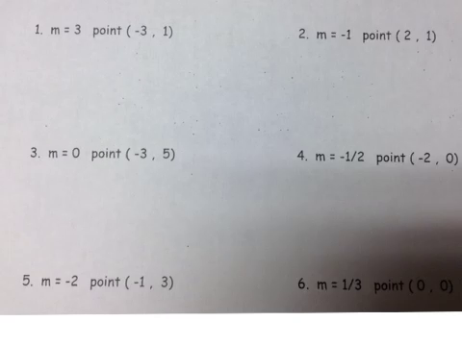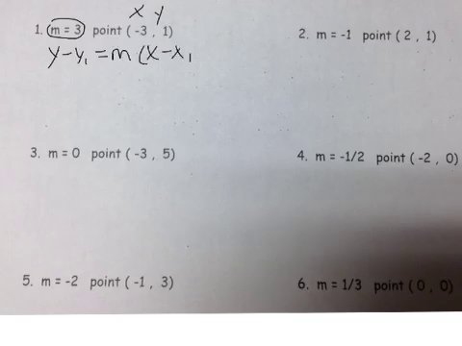When we go to do these problems, we have our m, and we have a point. This point is an x and a y. So we go to set up our point-slope form. It looks like this: y minus y1 equals m times x minus x1, where this is our x1 and this is our y1. It's just the points that we were given.